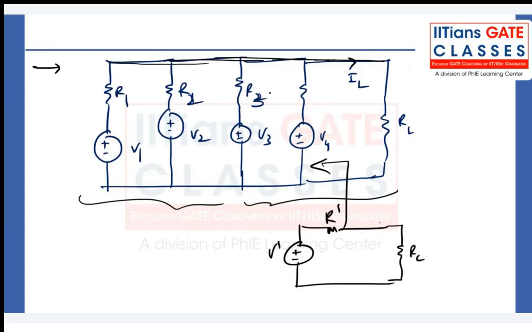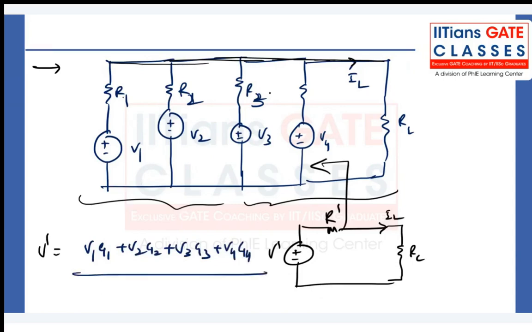There is a very simple way of finding this V dash. V dash will be equal to V1 G1 plus V2 G2 plus V3 G3 plus V4 G4, divided by the sum of all the conductances, where G1 is basically the reciprocal of the resistance, so you can convert them into conductances.